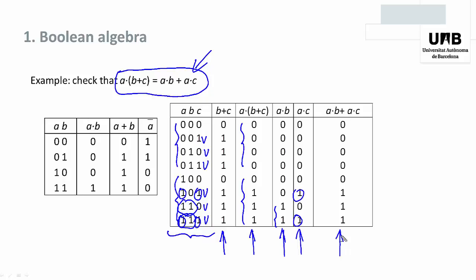Then we compute the sum of A times B and A times C. The sum is equal to 1 if A times B or A times C is equal to 1. That is to say, in this row, and this row. And finally, it's only a matter of comparing both functions and checking that they are equal.